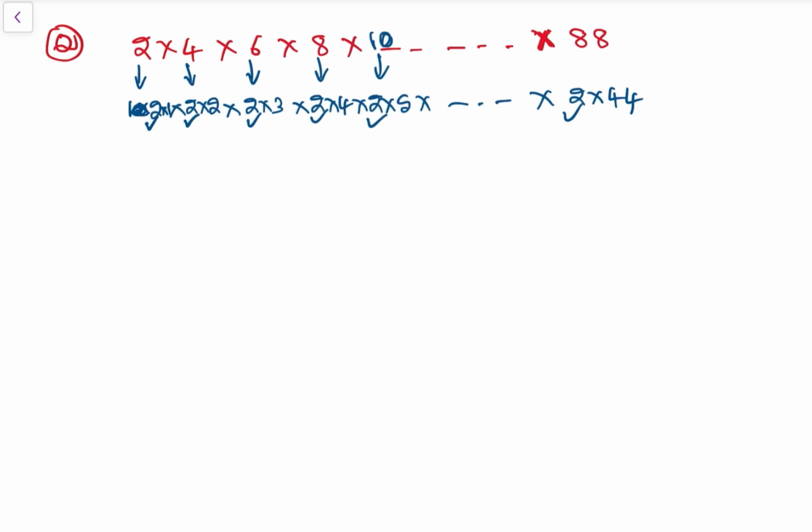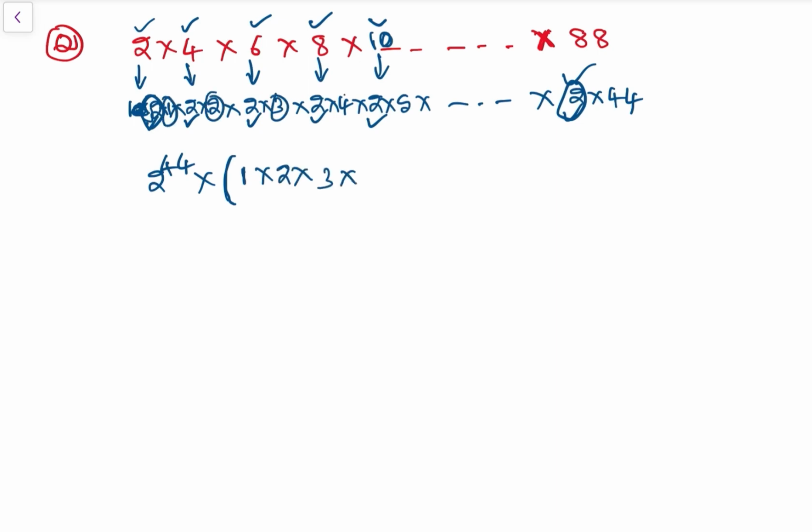So इस 2 को बाहर निकाला प्रोडक्ट से, that would be 2 to the power 44 because this 2 is coming 44 times, ठीक है, because every one प्रोडक्ट डिजिट हैज 2. देन बचे क्या है, देन सीरीज आएगा 1 इंटू 2 इंटू 3 इंटू 4 इंटू 5 इंटू सो ऑन इंटू 44, ठीक है, सो ये प्रोडक्ट आएगा.